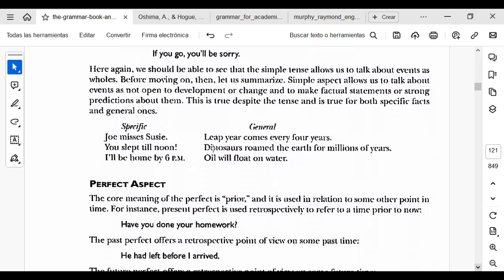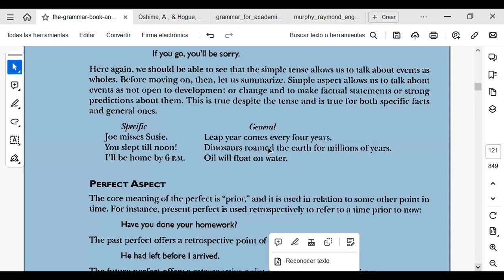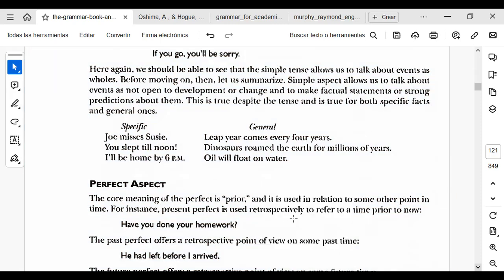Here, for example, it is using simple present for prediction. You slept till noon, here in the past. Good, that's it.